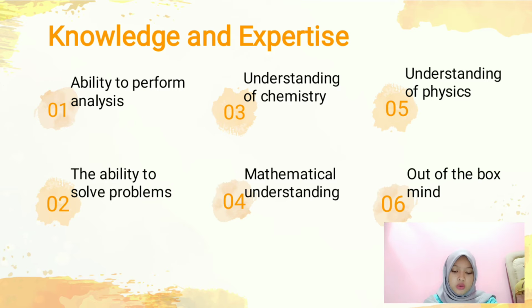Let's see what knowledge and expertise there is in the scope of chemical engineering. There are the ability to perform analysis, the ability to solve problems, understanding of chemistry, mathematical understanding of physics, and an out-of-the-box mind.